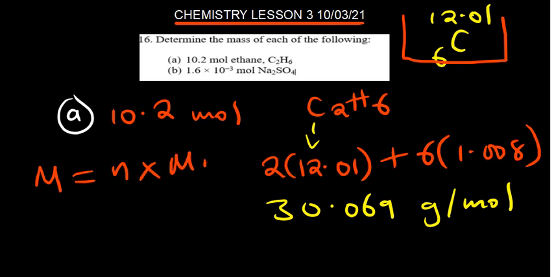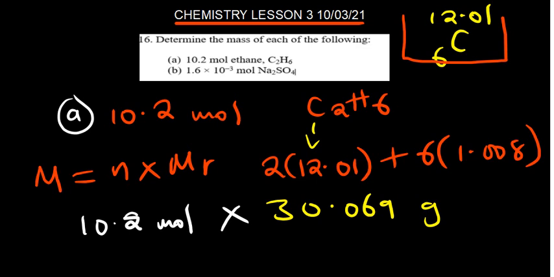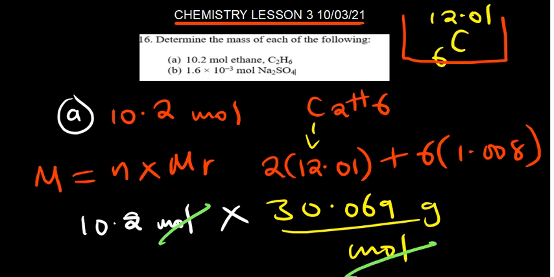So all we are going to do is multiply the 10.2 moles by the molar mass, which is in grams per mole. I can even put it down there to show that we are dividing by a mole. So the mole cancels out, and the units that remain will be grams.